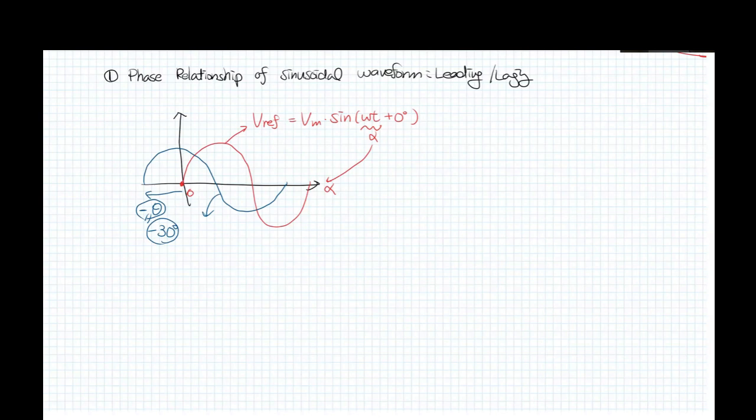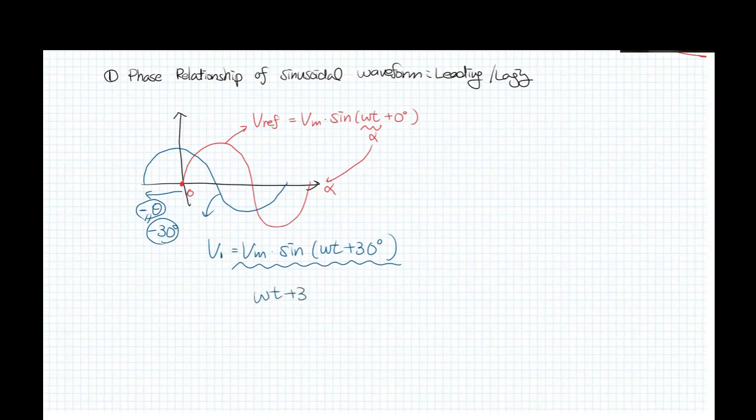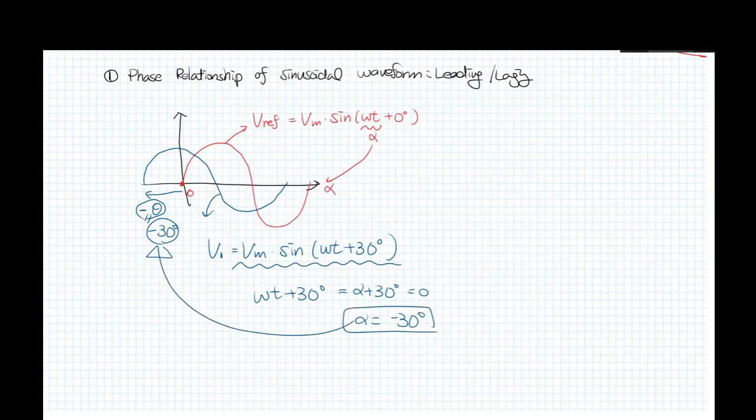So what is the formula here? V sub 1, for example, V sub m sine omega t plus 30. Because omega t plus 30, alpha plus 30 is going to 0, minus 30, so it shifts to the left.